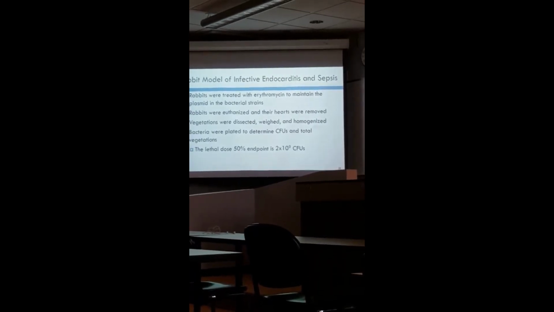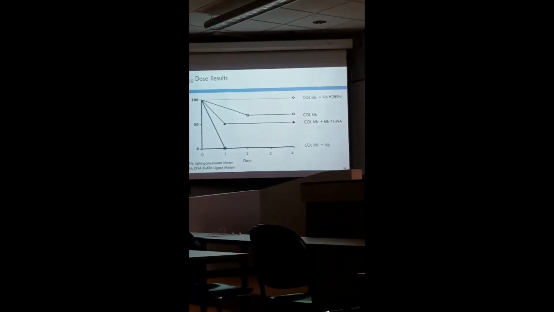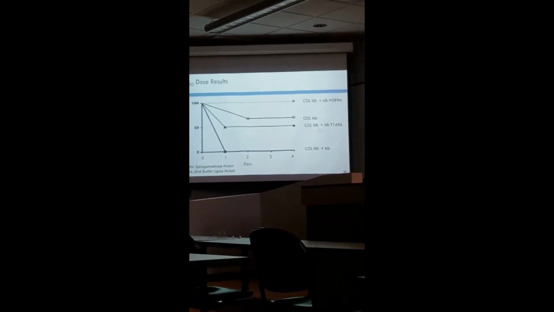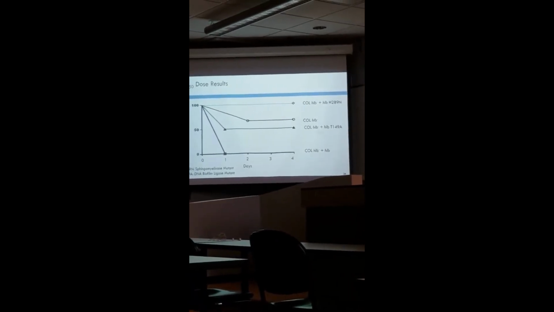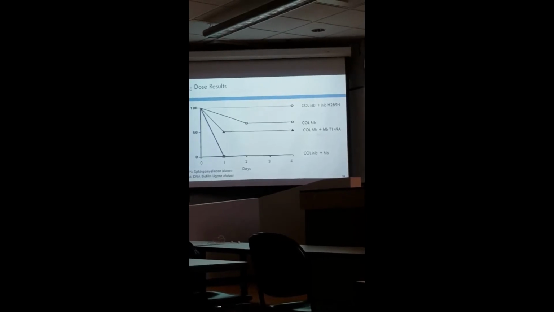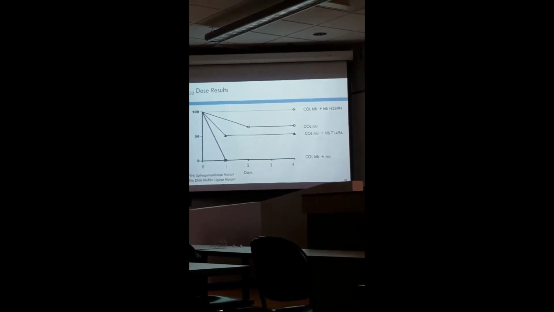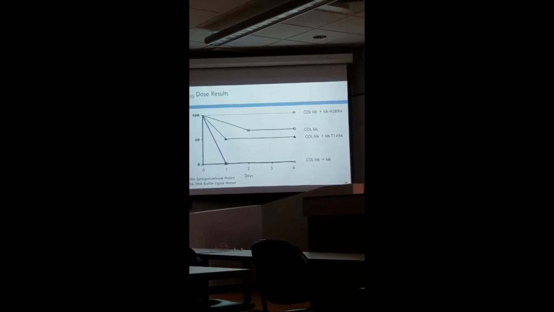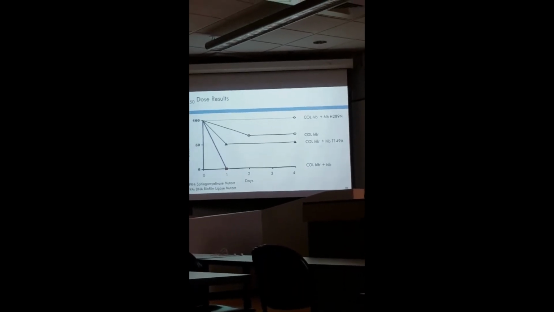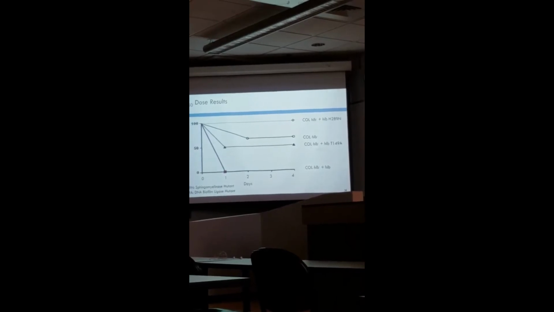So the first experiment they did, they used this lethal dose to a 50% endpoint. And you can see here the wild type, all of the rabbits were dead within 1 day. And this is the organism without the beta-toxin. So it was still lethal, but not nearly as much as the Staphylococcus aureus with the beta-toxin activity.